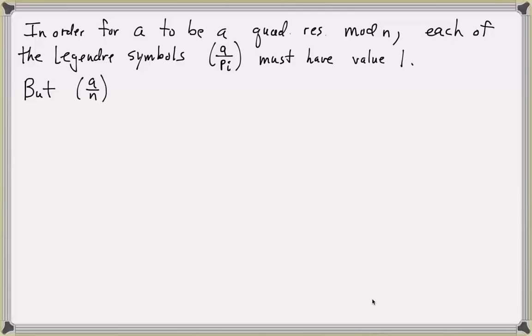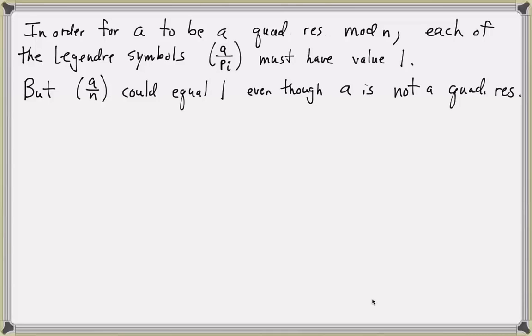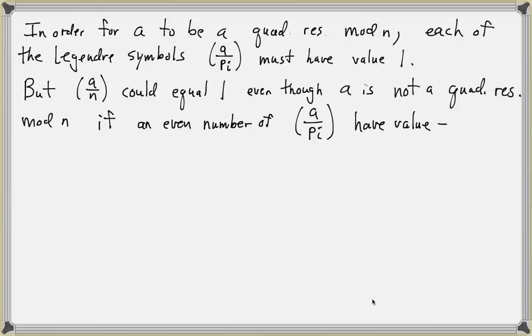But a over n could equal 1 even though a is not a quadratic residue mod n, if an even number of Legendre symbols a over pi have value -1, while the rest have value +1.